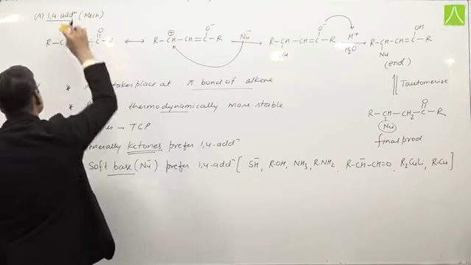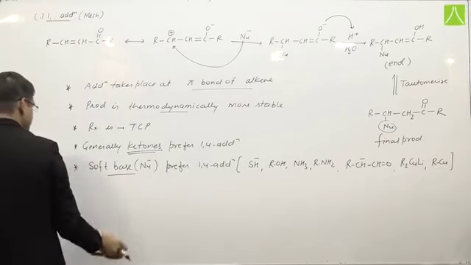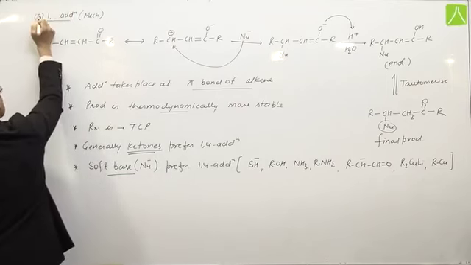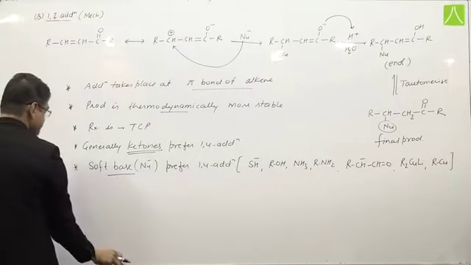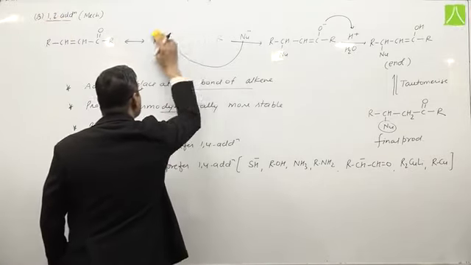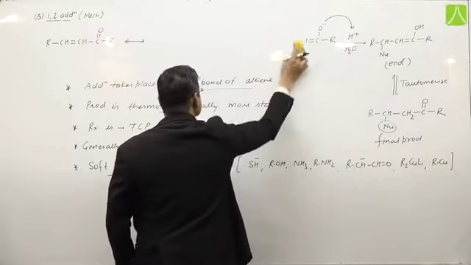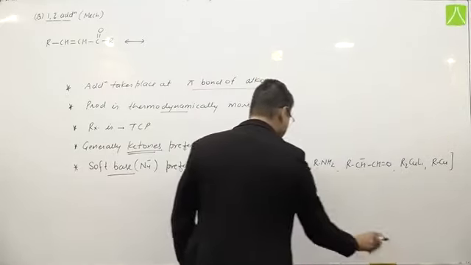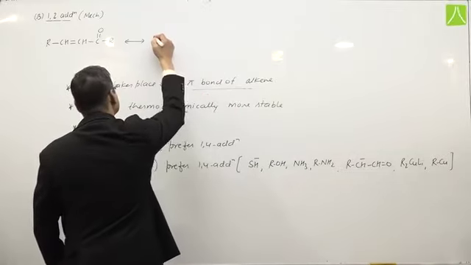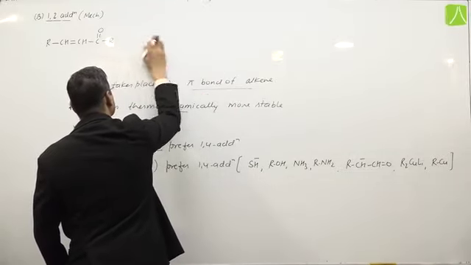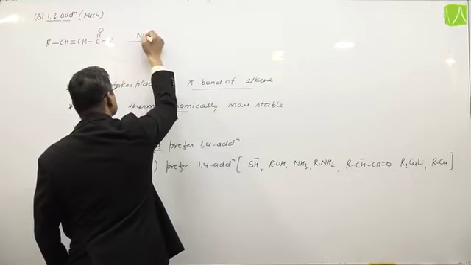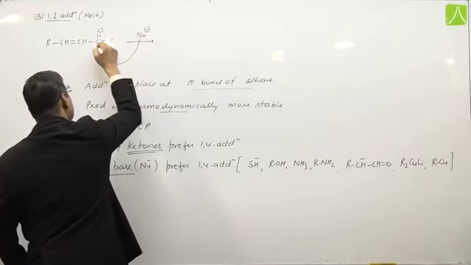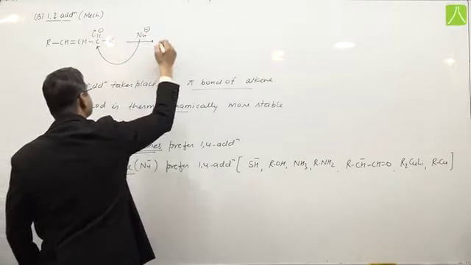Now I write 1,2 addition. Mechanism of 1,2 addition. So in case of 1,2 addition, nucleophile adds directly to the carbonyl carbon.